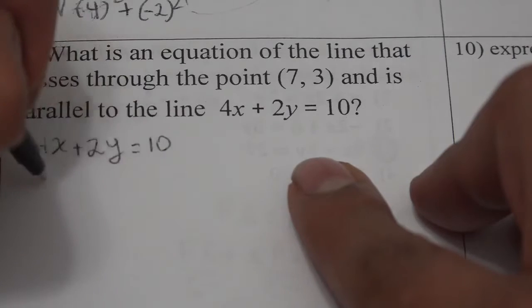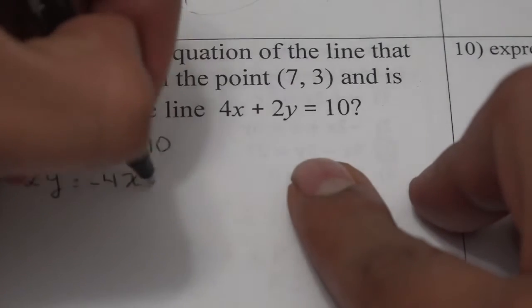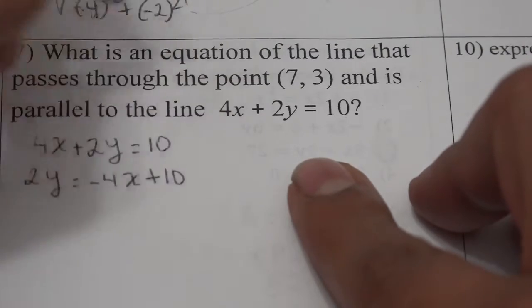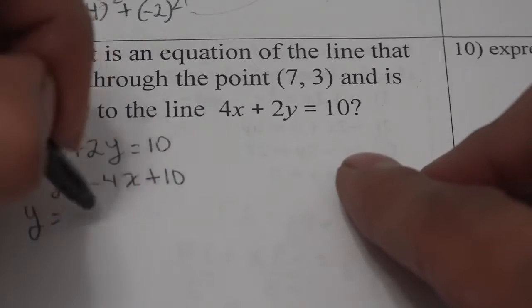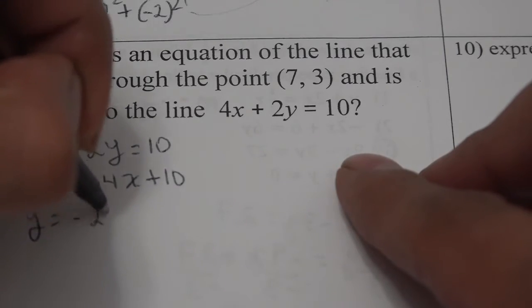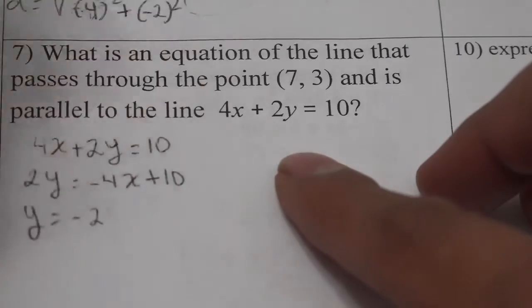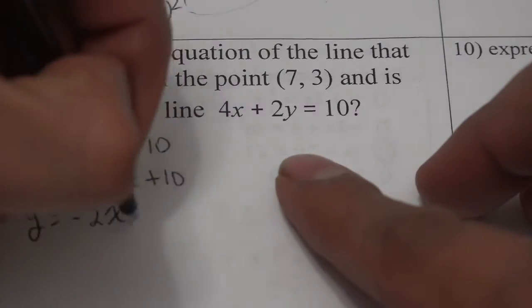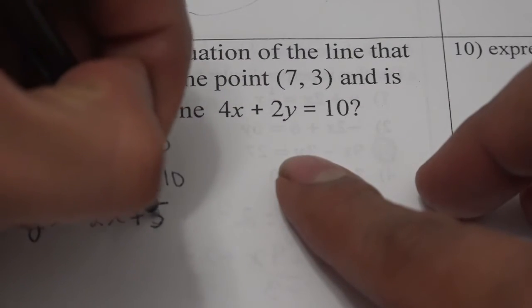Move the 4x to the other side and you get 2y equals negative 4x plus 10. Then divide everything by 2 and you get y equals negative 4 divided by 2 is negative 2x, sorry, negative 2x plus 10 divided by 2 is 5.